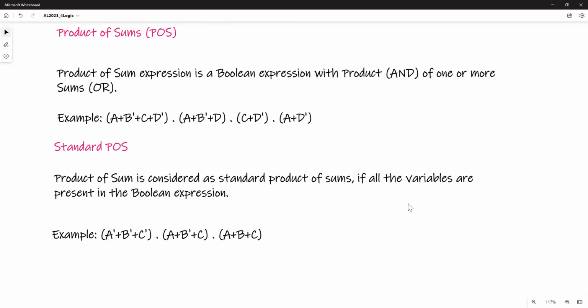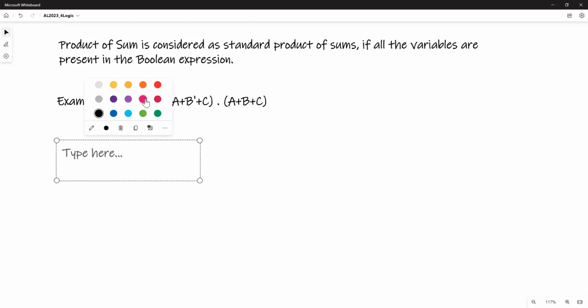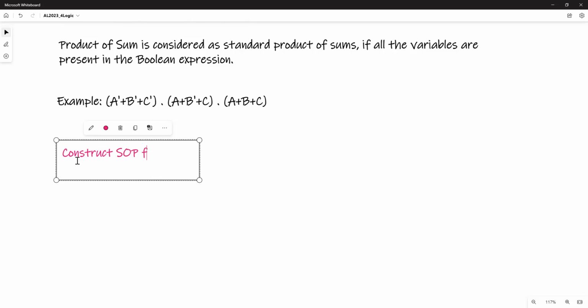So let's write down this. We'll first start with SOP, then POS, and then I will explain how we are going to do this, this min term, max term idea. So I'm going to start looking at how to construct sum of products from a truth table.